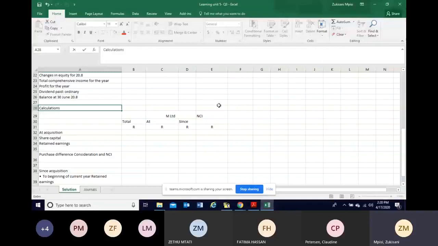This will be your calculations, and this becomes your calculation number 1, which is an analysis of NLTD equity.